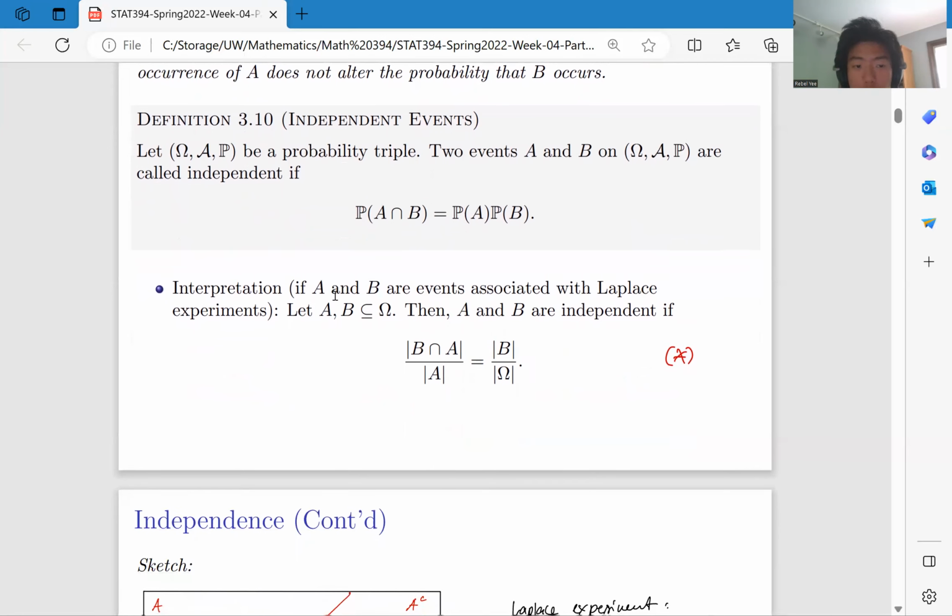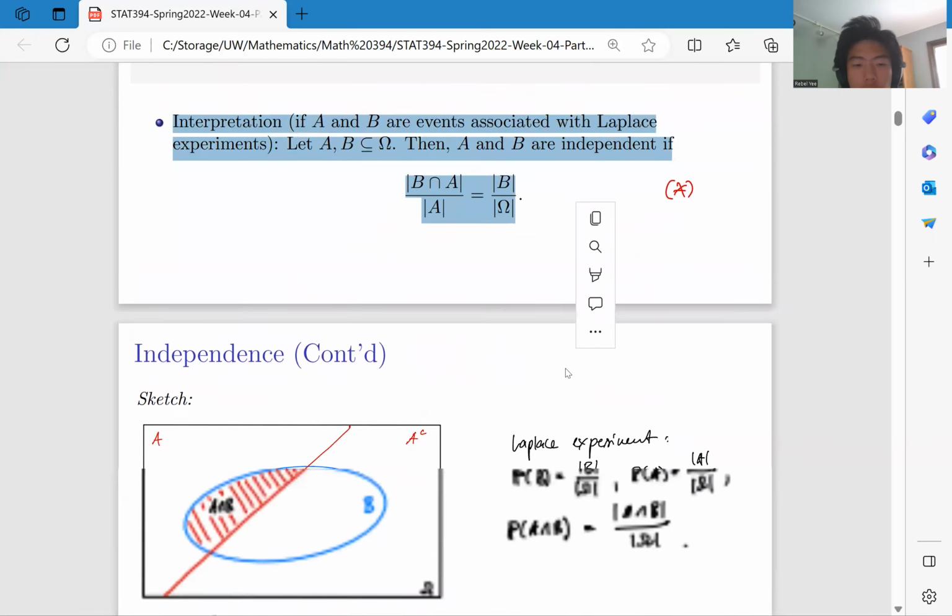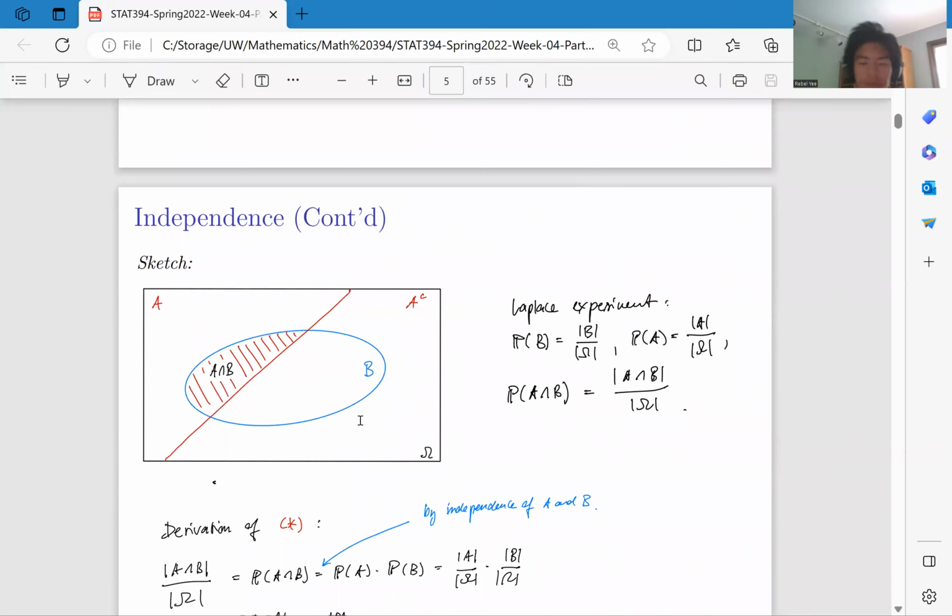First of all, we ignore this statement and look at this graph.